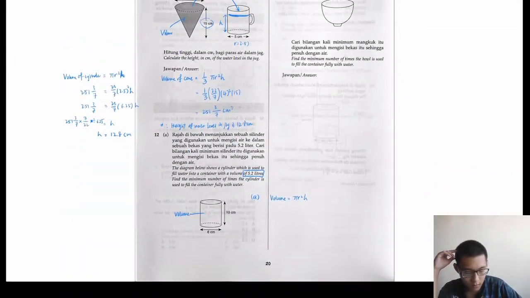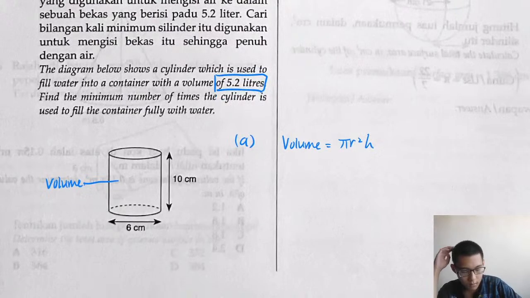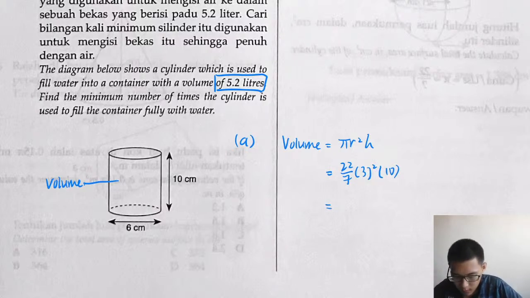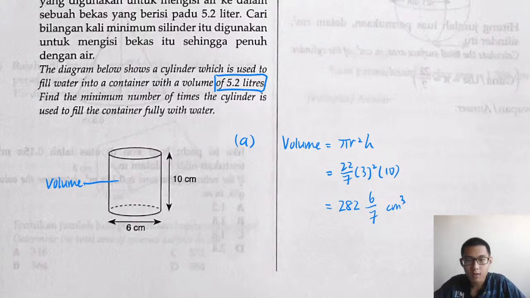No, you didn't ask anything. I use 22/7 times 3 squared times 10. So 3 squared is 9, times 10 is 282 and 6/7 cm cube, volume.